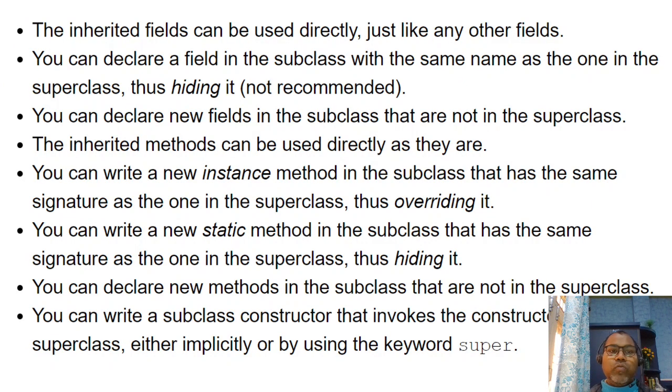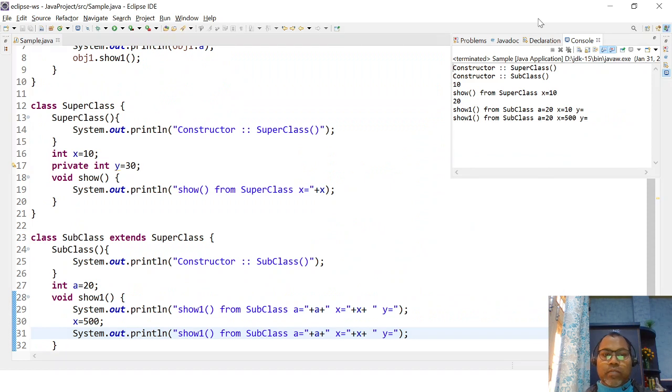These are some rules we have discussed about inheritance. An inherited field can be used directly, just like any other field, like we have used the x variable here. Here is your x data member, and we can use x directly.